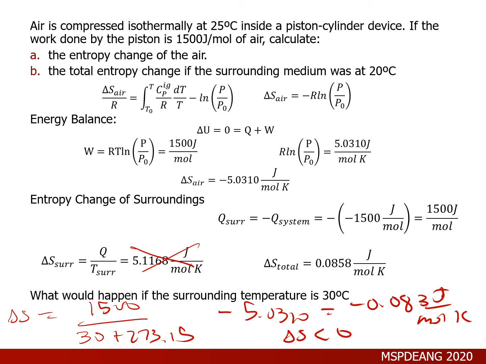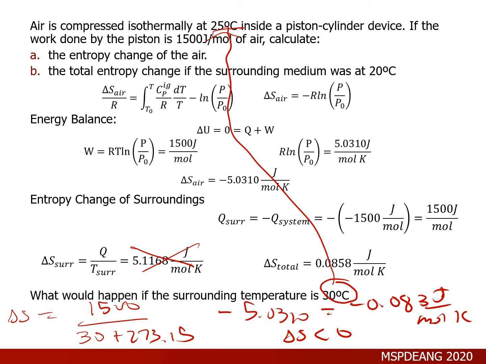Bakit? Okay. Physical manifestation nito, if the surrounding temperature is at 30 degrees Celsius and the temperature inside the system is 25 degrees Celsius, di ba dapat ang heat transfer natin from 30 to 25 degrees Celsius? Pero yung process natin sa loob, okay, for you to maintain a compression process isothermally, you need to be rejecting heat to the surroundings.